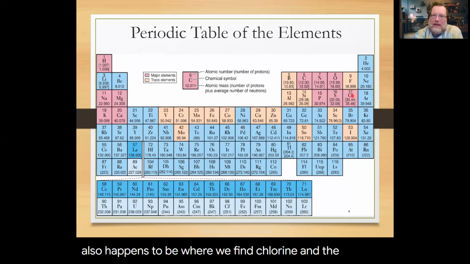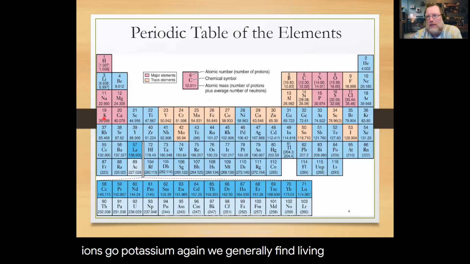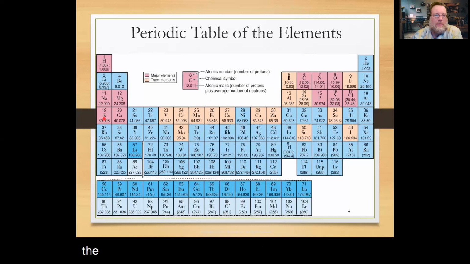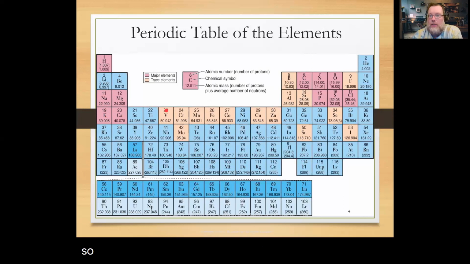And the chloride ions will follow sodium ions generally wherever those sodium ions go. Potassium, again, we generally find living inside of the cell in that cytoplasm. But again, these are not all or nothing. There's always a little sodium in, there's always a little potassium out.